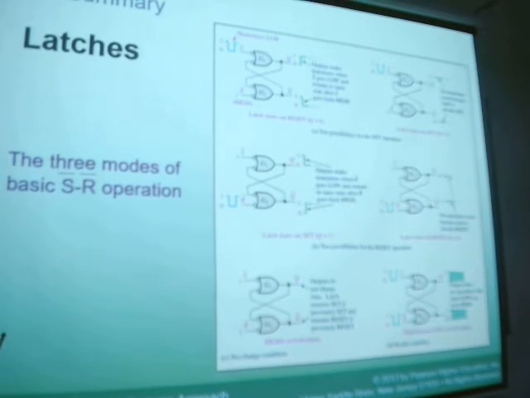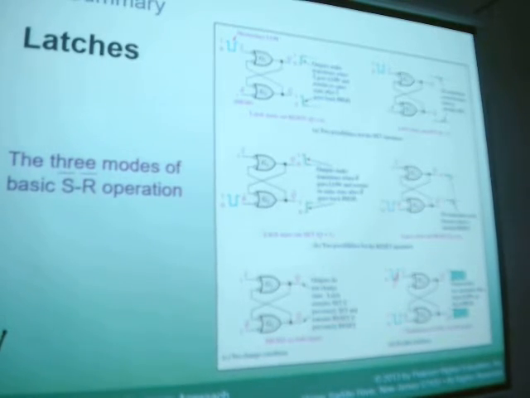When S bar equals 0, R bar equals 0, then the output Q is 1, Q bar is also 1, right?